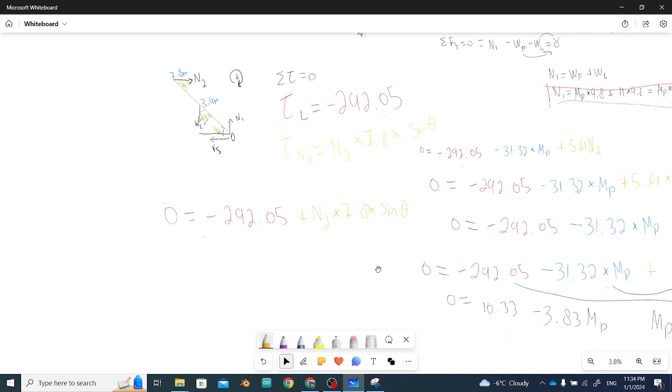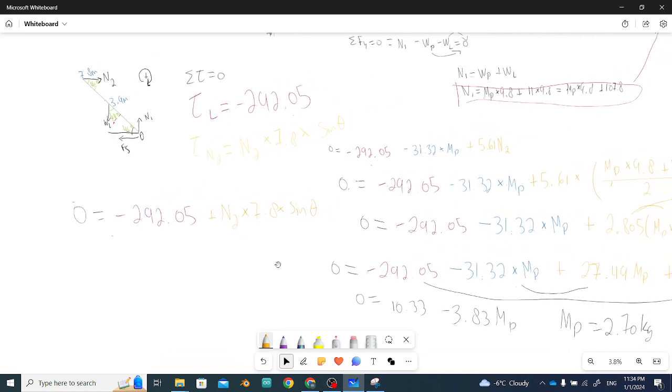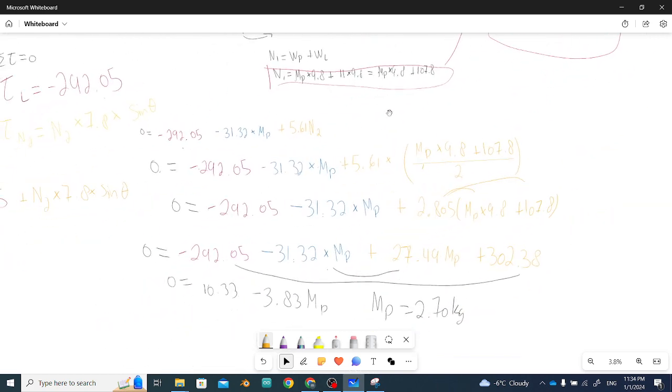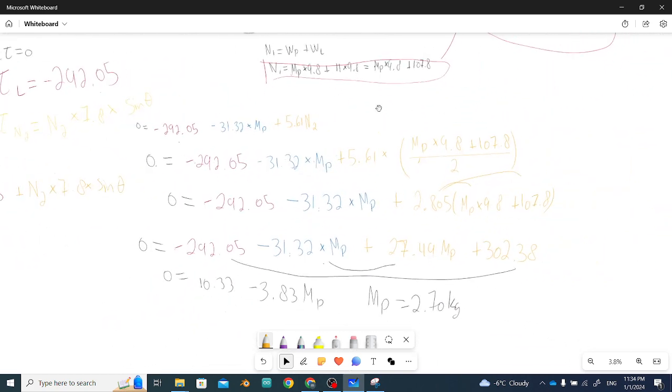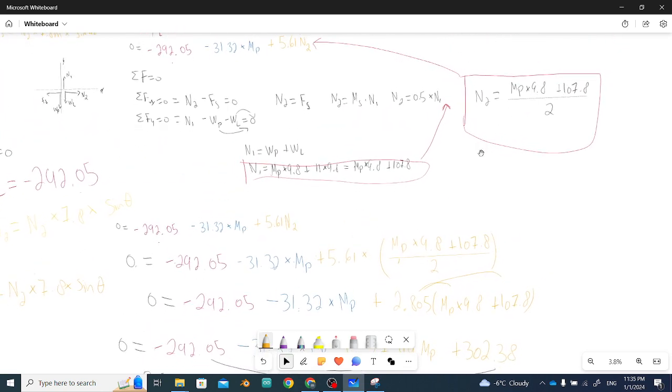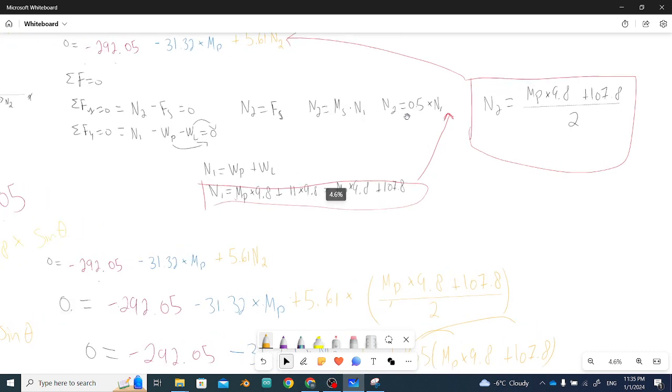All right. So now to find N2, we already have the relation between N2 and N1 over here. N2 is equal to 0.5 times N1. That doesn't change. The only thing that changes is the angle, but in this case, it doesn't really matter.